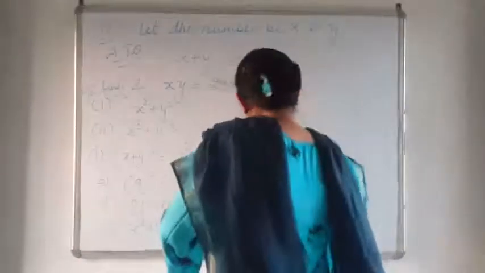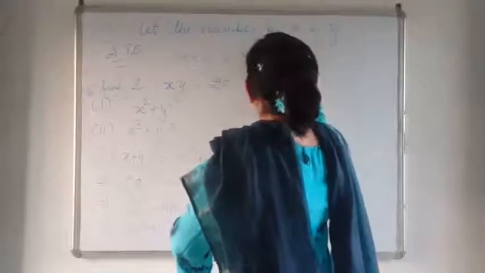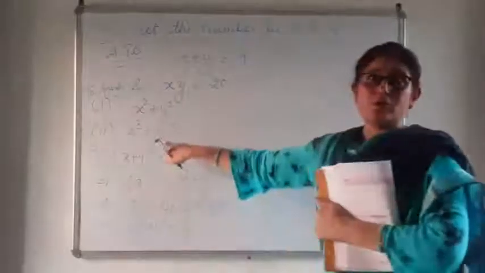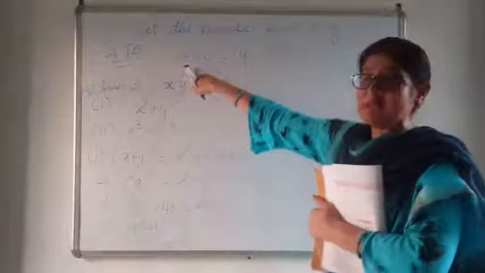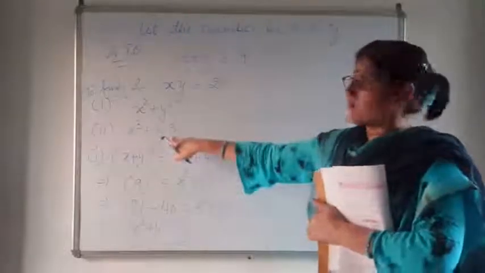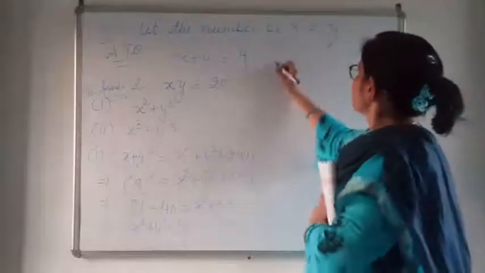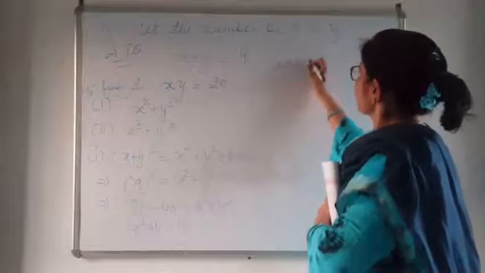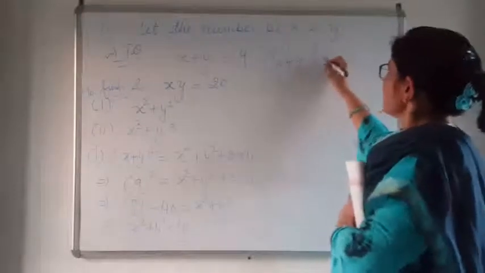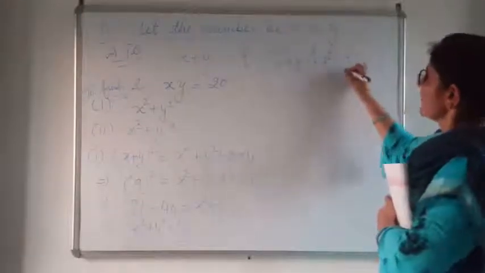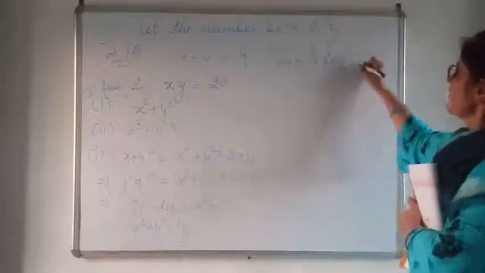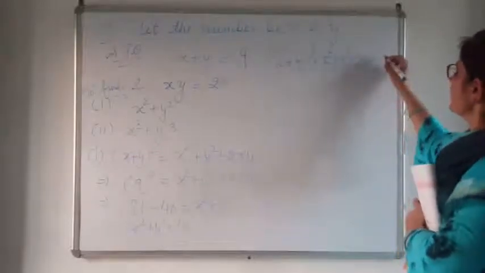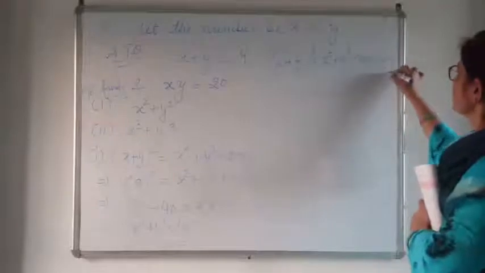In the second part, you have to find the value of cubes. So we'll take the same term and apply the property of cube here. Equals x cube plus y cube plus 3xy into x plus y.